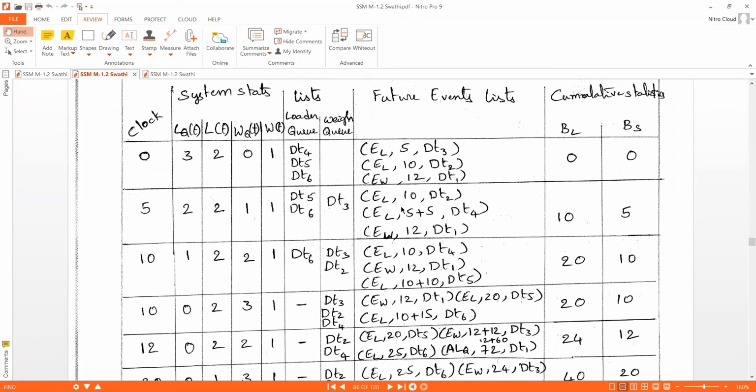The ending loading event, which is going to occur at clock time 10, is by DT2. Truck 2 will end its loading at simulation clock time 10. We will write that as it is. Here one loader completed its loading, so in that place we need to add another truck that started its loading, that is DT4. What is DT4's loading time?